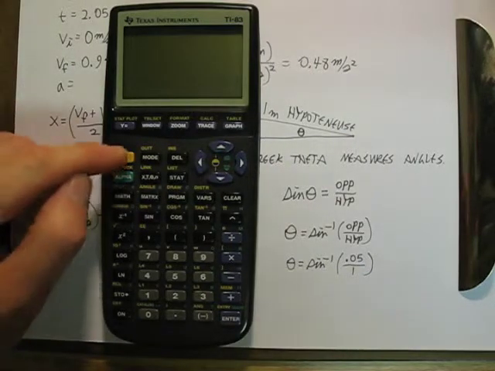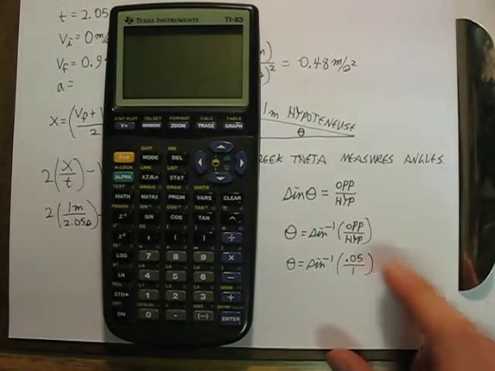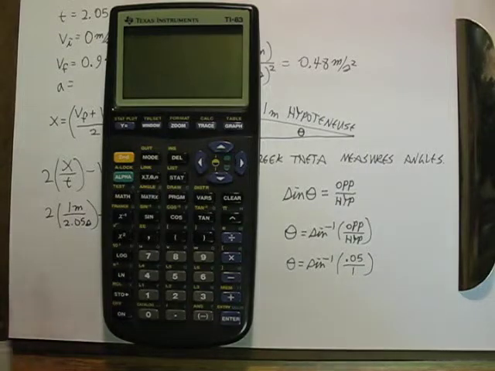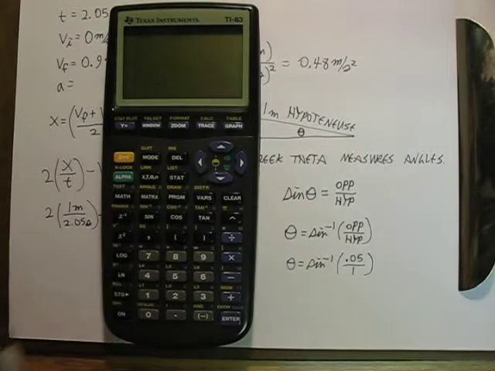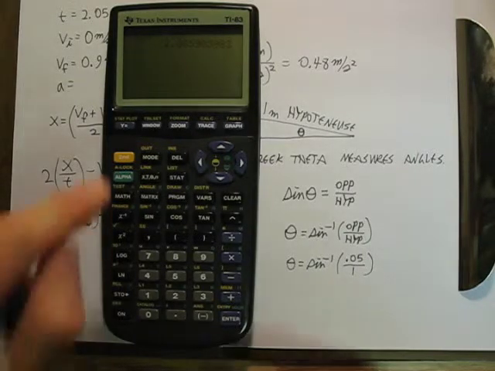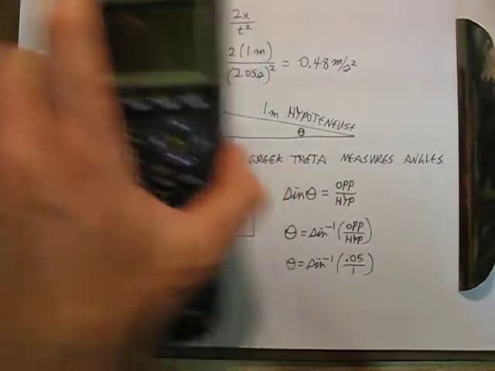So we're going to do second sine, and that pulls up the sine inverse. Now 0.05 divided by 1 is just 0.05, so we enter 0.05, hit enter, and we get 2.86, or we'll call it 2.9 degrees. Let's hit it again down here where maybe you can see a little better. So my theta is about 2.9 degrees.